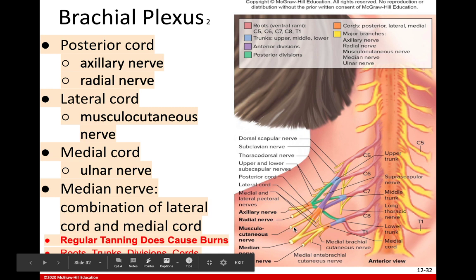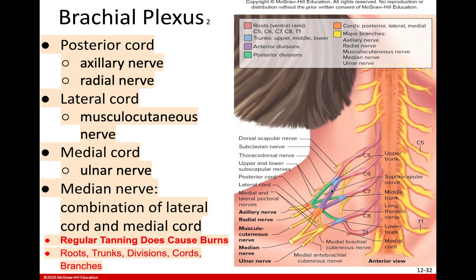So I look for the M and then I remember MMU: musculocutaneous, median, ulnar. Okay? And then I know the other two are axillary and radial. And then if you can come up with a mnemonic, ARMMU, but again, it won't always be like that in every diagram. It won't always be ARMMU. You can't remember it like that.